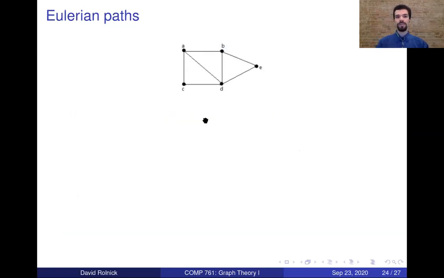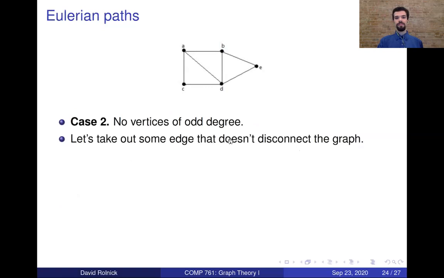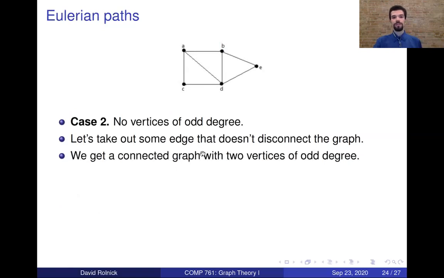Okay, case 2. No vertices of odd degree. In this case, let's do basically the same thing. Let's take out some edge that doesn't disconnect the graph. For example, if it's a tree, we can just take a leaf edge, but anything, we can take out any edge that doesn't disconnect the graph. In that case, we're going to get a connected graph with 2 vertices of odd degree.